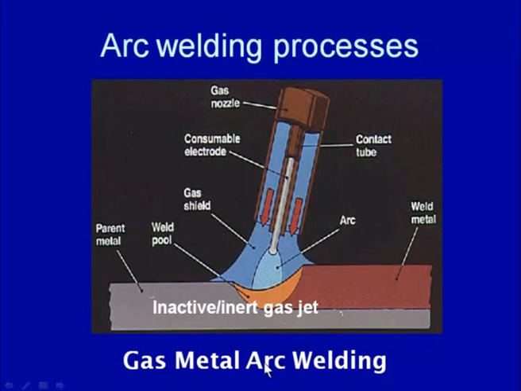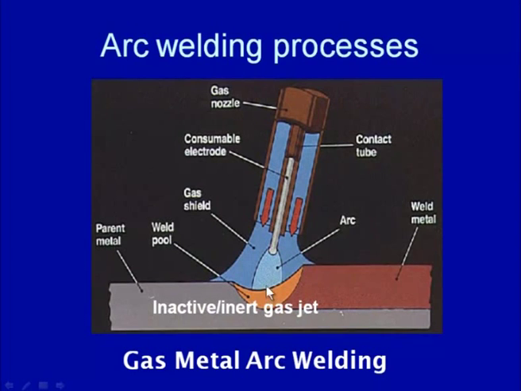So here one jet of the shielding gas is used to protect the weld pool, but the consumable electrode and somewhat larger arc length associated with this process reduce the effectiveness of the shielding being provided by the inert and inactive gases.